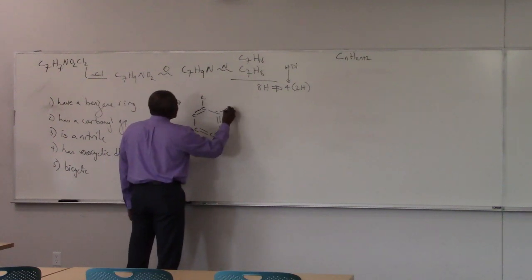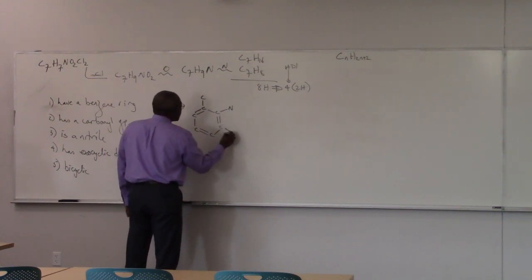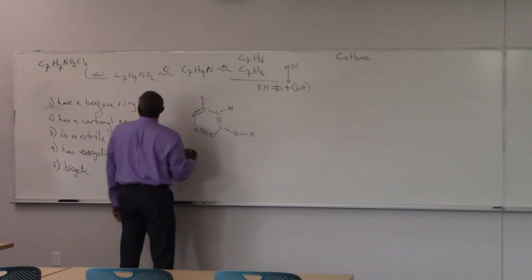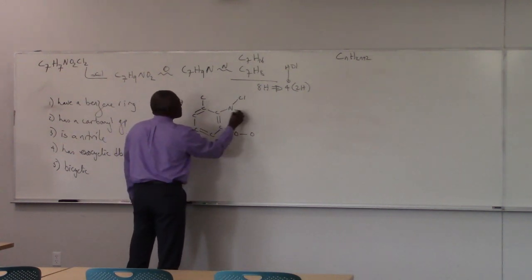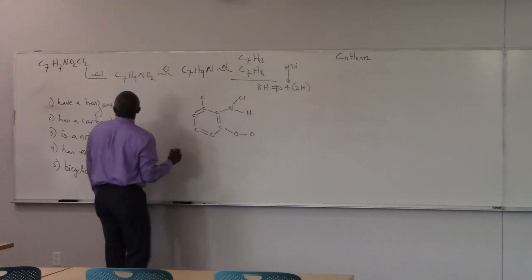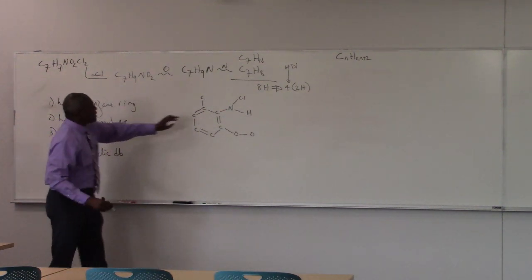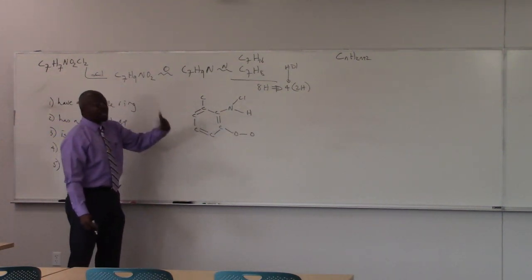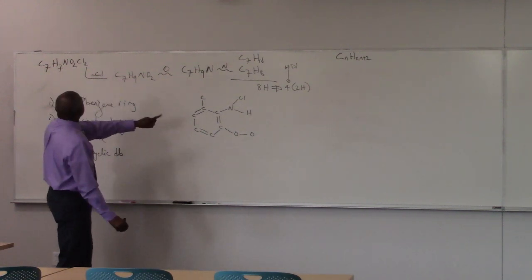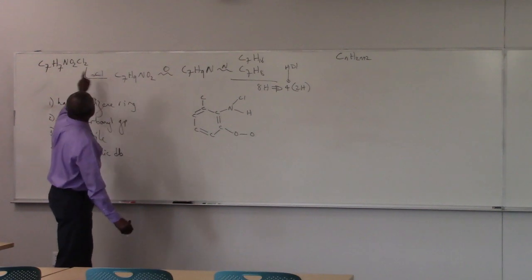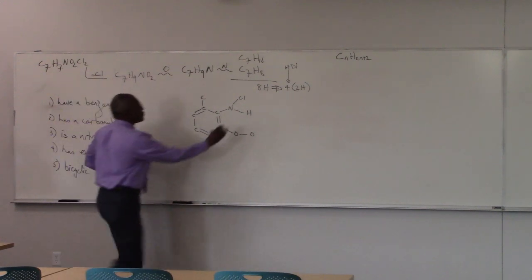I'm going to put the N here. I'm going to put 1 O here. Let's stick the other O on it. I've got 2 chlorines. Why don't I just stick the 2 chlorines on the N? And that takes care of my carbons, of my HDIs, and of my heteroatoms: the 1 N, my 2 O's, and my 2 Cl's.